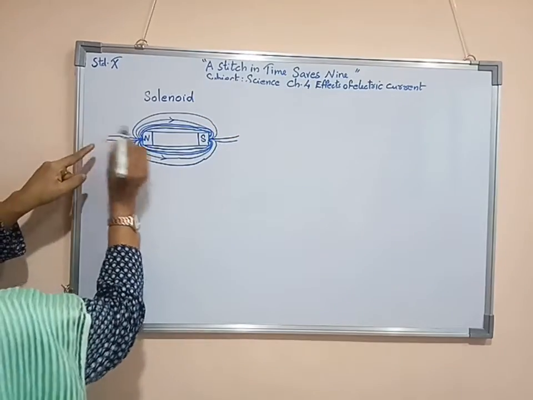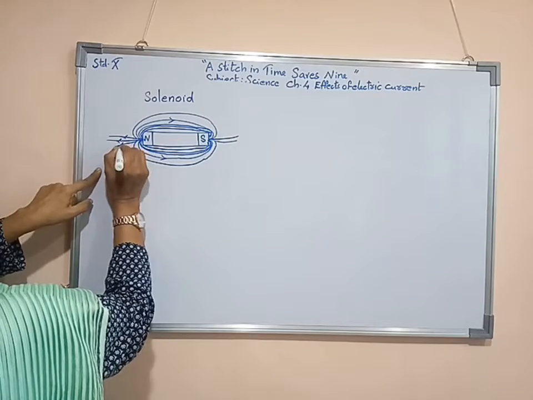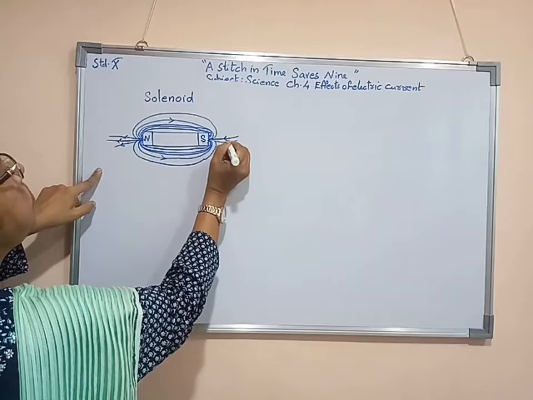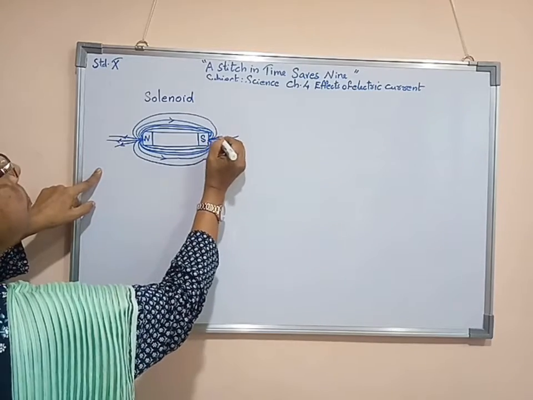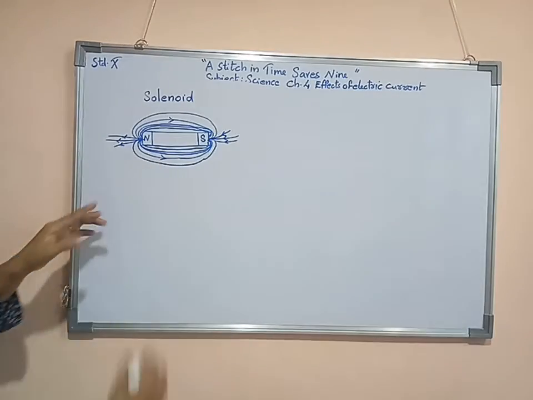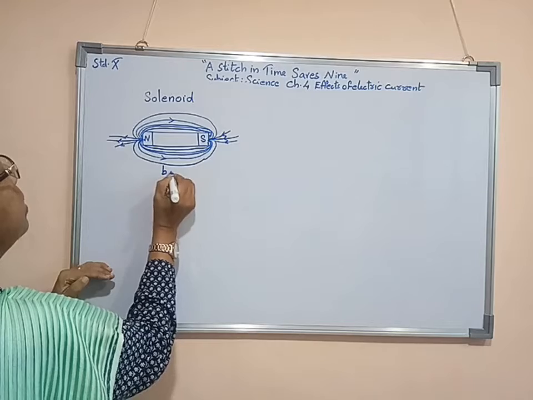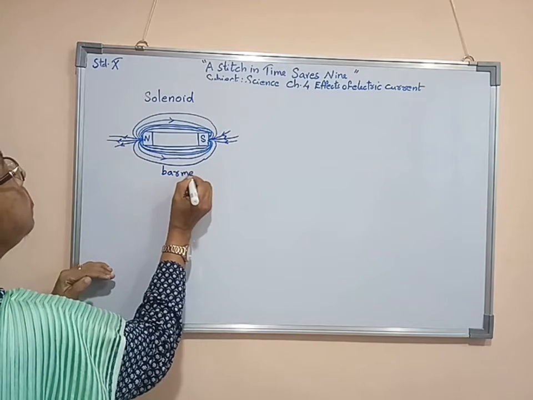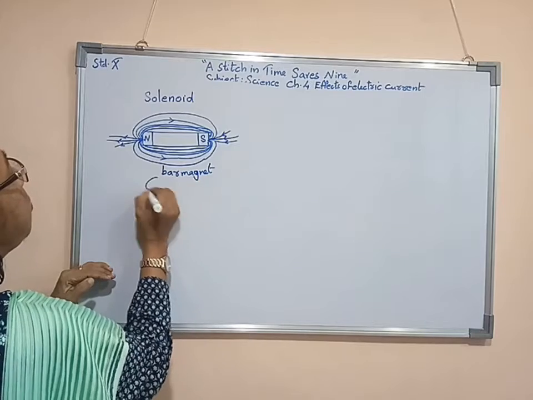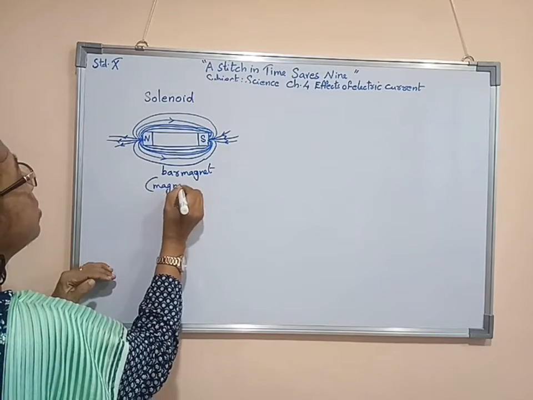So here the magnetic lines of force start from the north pole and end at the south pole. So here we can say that the magnetic lines of force are produced by this bar magnet.